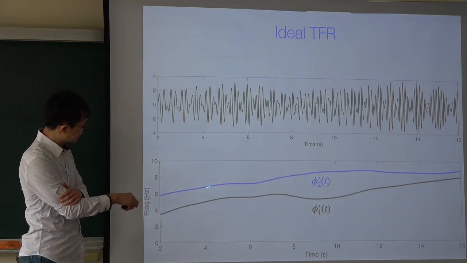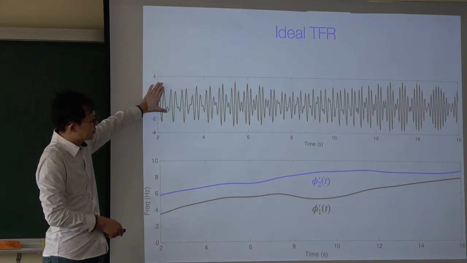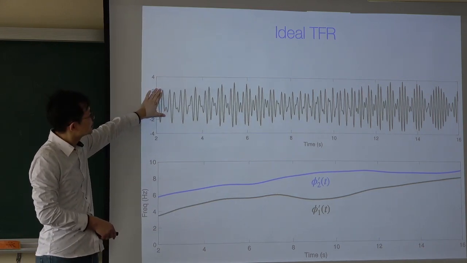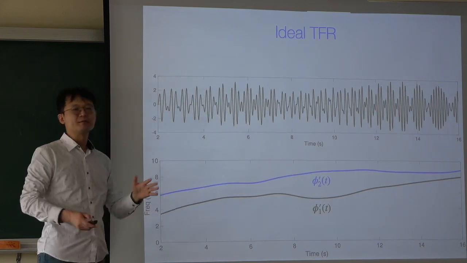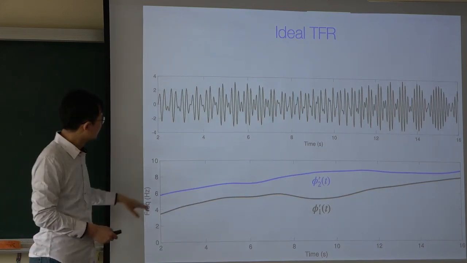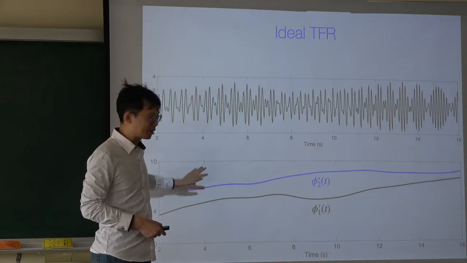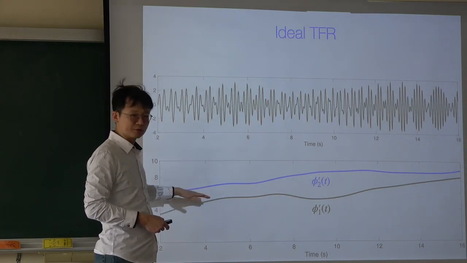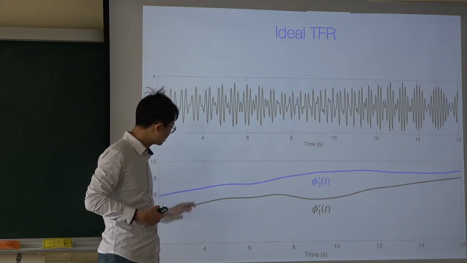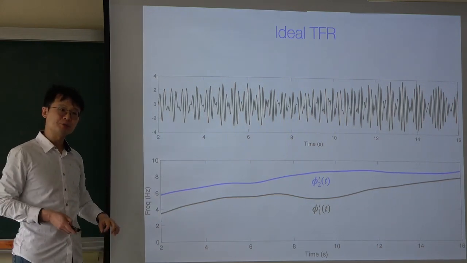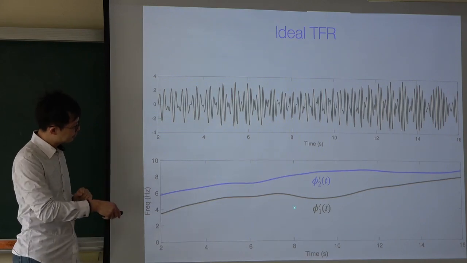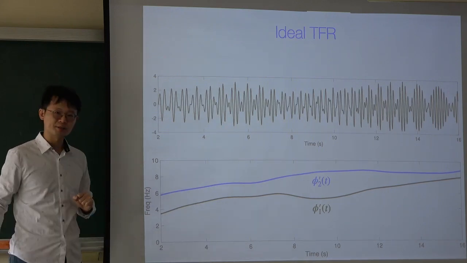It looks like this, because this signal is generated by me, so I know the instantaneous frequency, so I can plot them here. And we can further pile on the amplitude modulation and so on, but to save the effort, just to make it simple, I just show you two lines, and that is how the ideal time frequency representation should look like. First frequency, second frequency, and so on.